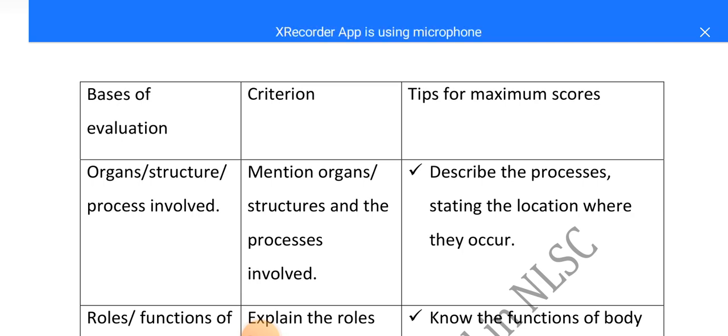Like when they talk about digestion, maybe a runner ate carbohydrates or ate rice, portion, and the rest. You have to mention in your responses the organs or structures and the process involved. Then describe the processes, stating the location where they occur. For example, mastication occurs where?